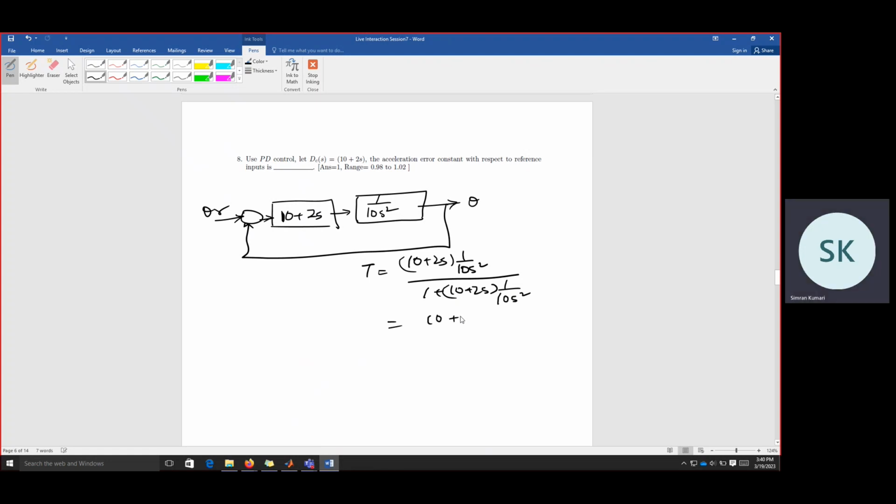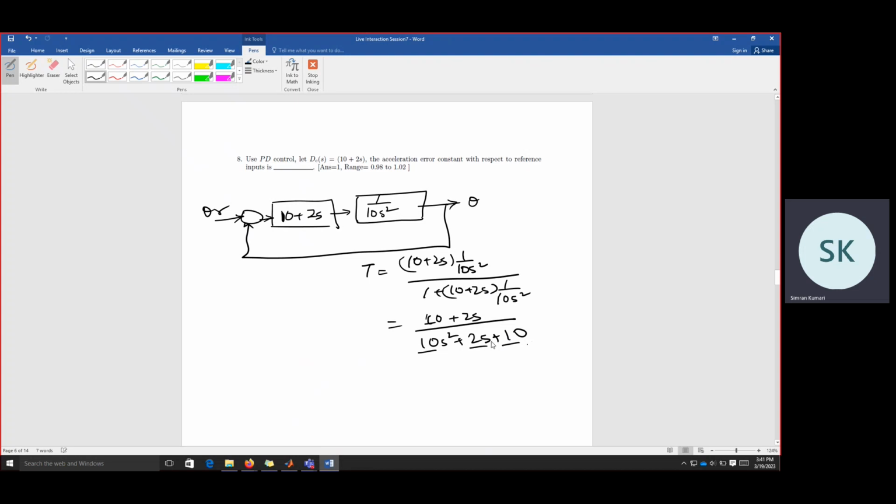So this should give (10 + 2s) by (10s² + 2s + 10). Now from there you can see these are positive constants for this characteristic polynomial. So we can say that the system is stable. Okay, so this one is known.